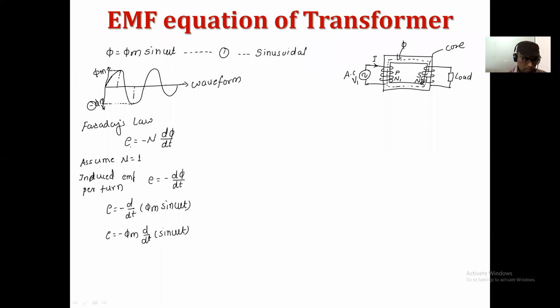Now, what is the derivative of sin omega t with respect to t? It's cos omega t into omega. And now I can write e is equal to minus phi m omega cos omega t.